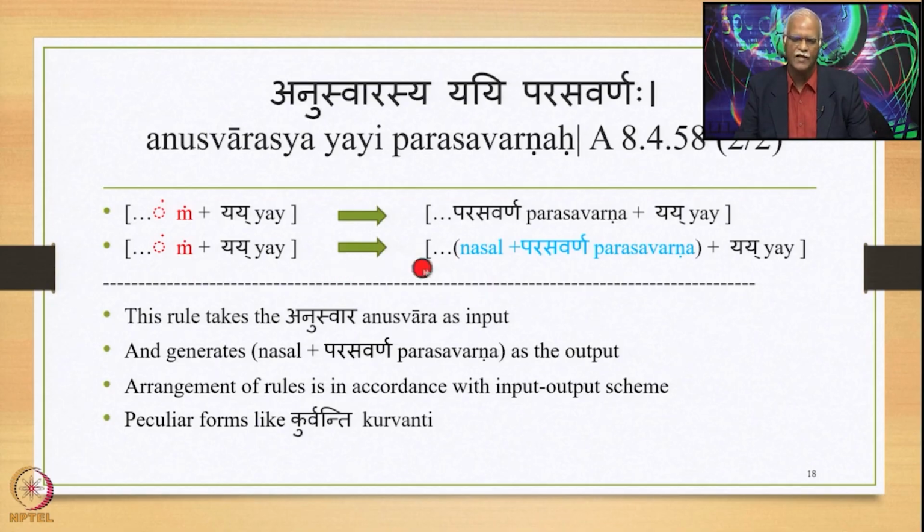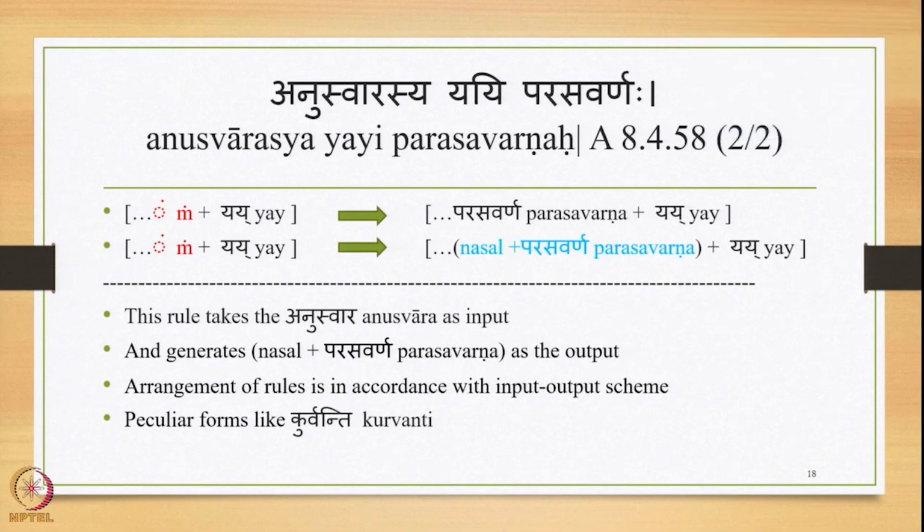So that's why the output would be nasal plus parasavarna plus yai. So this would be the parasavarna of the anuswara. Now this rule takes the anuswara as input and generates nasal plus parasavarna as the output. Arrangement of rules is in accordance with the input and output scheme stated in this particular slide.